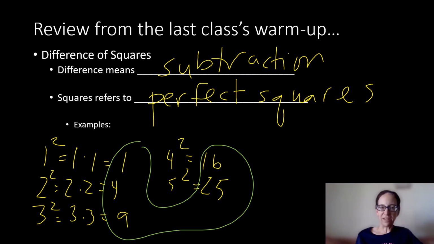You would obviously not be expected to know them all, but they keep going, like 6 squared is 36, 7 squared is 49. You should be able to recognize the perfect squares up through about 100, maybe 12 times 12, which is 144. After that, you would probably only recognize them if you had recently done a problem.